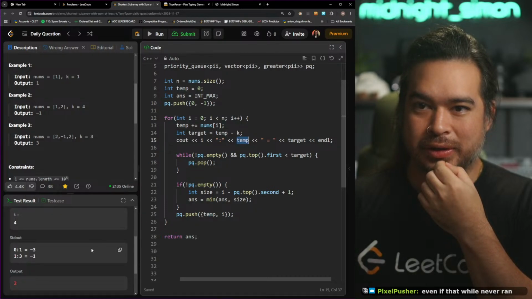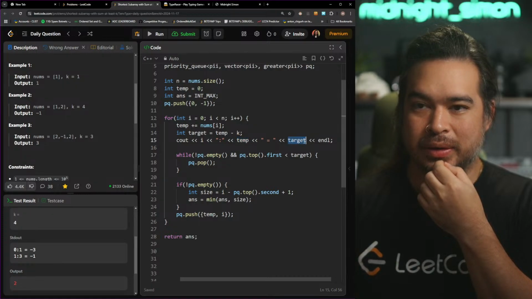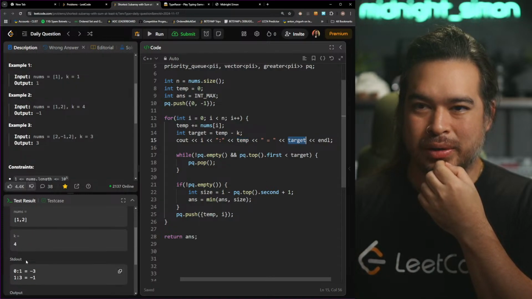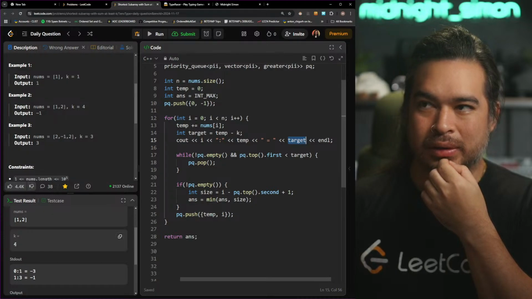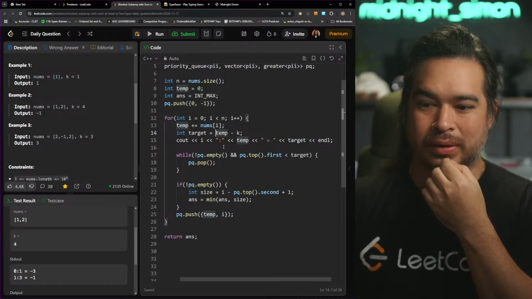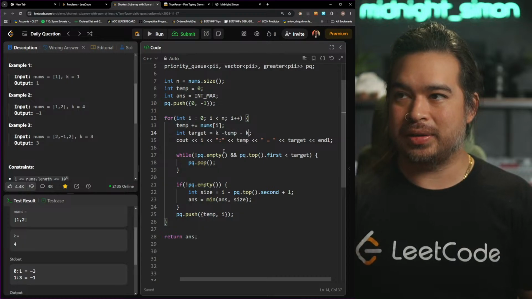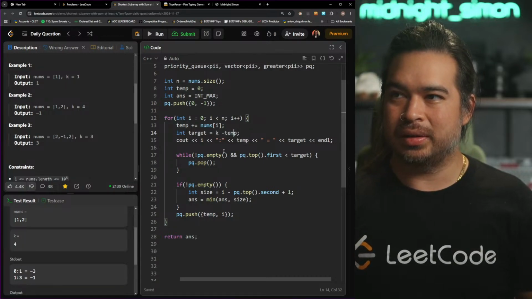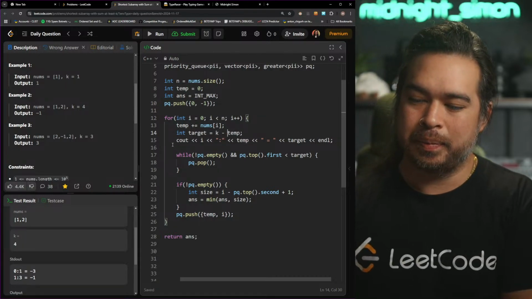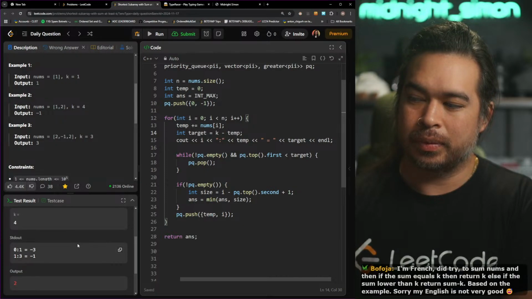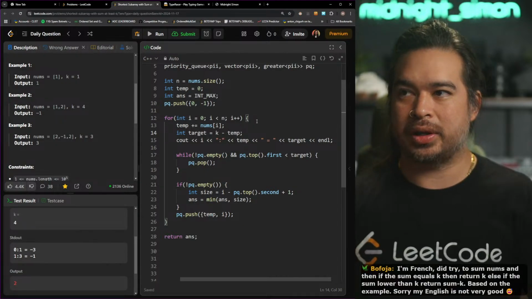This is my running sum. It's 3, yes. So then my target is -1. My target should be 1. So it should be like k minus that. Should my target be 1? No, my target is -1.